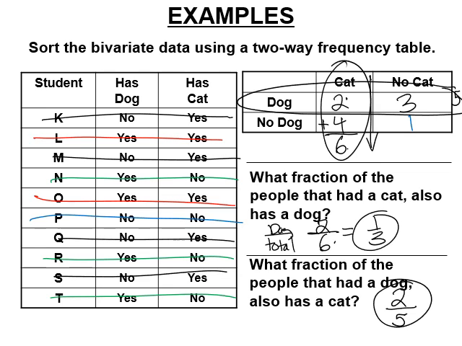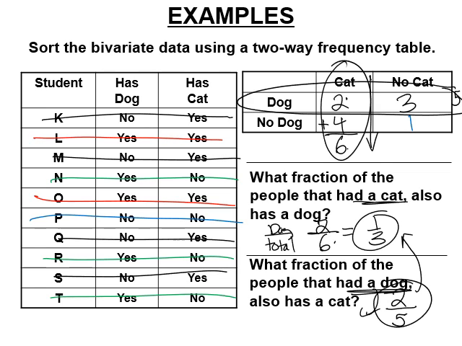One's 2/5, one's 1/3. So then people who do this sort of thing would say, well, 2/5 is bigger than 1/3. So they would say things like people who had a dog are more likely to have a cat than people that had a cat having a dog, which seems like they should be the same answer, but they're not in the real world, right?